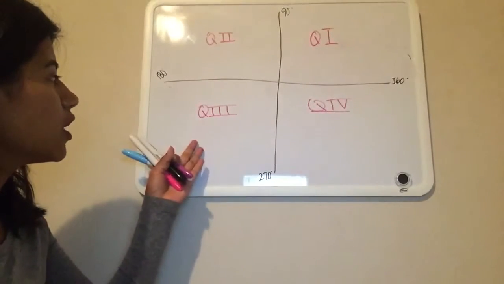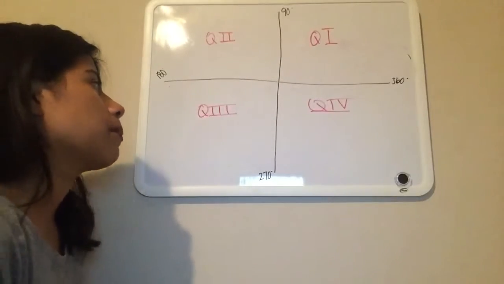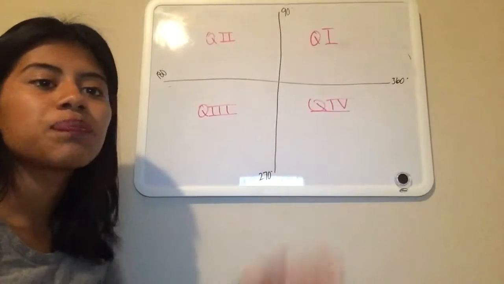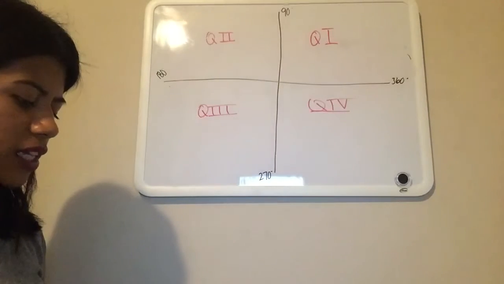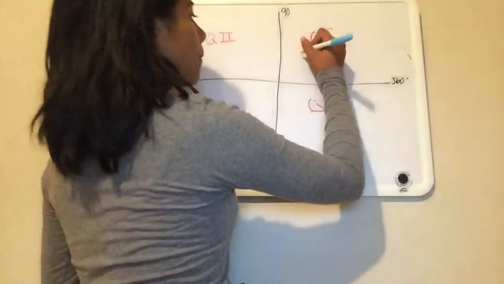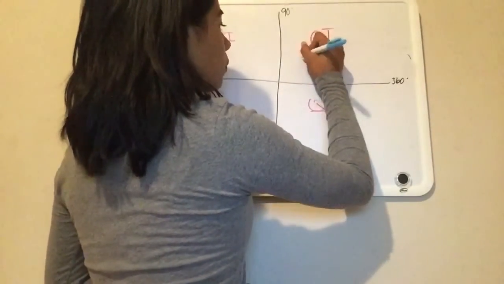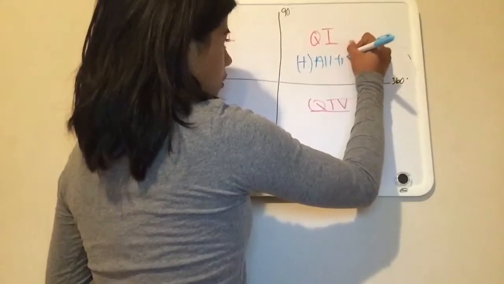For quadrant 3, tangent is positive and the rest are negative. For quadrant 4, it's cosine that's positive. The way that I remember it is, well, actually I'm gonna write down, because a positive, it's all of them, all trig functions.